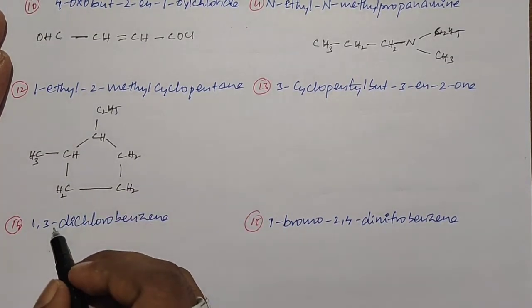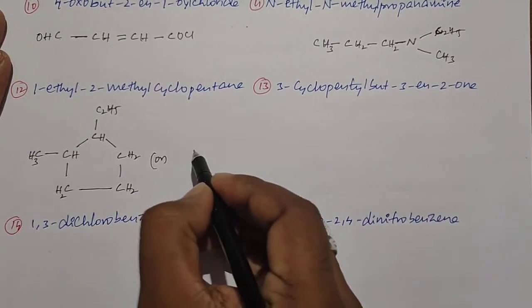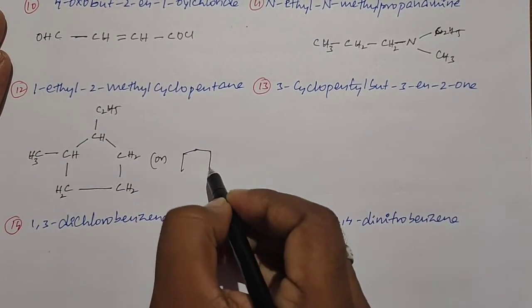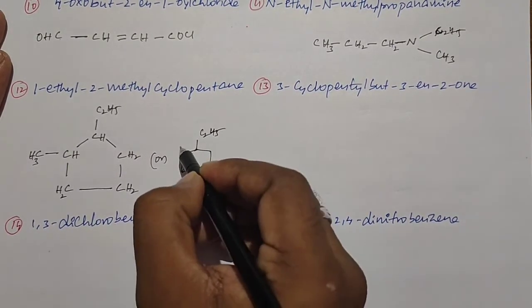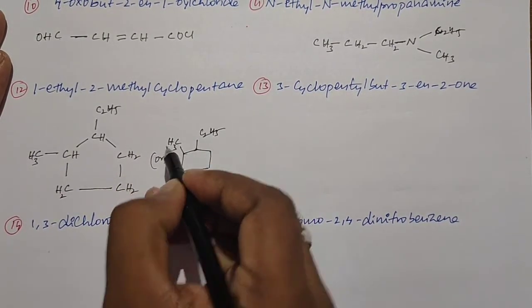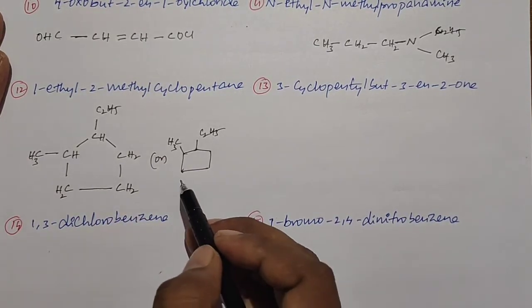So this is the structural formula of 1-ethyl 2-methyl cyclopentane. The same structure you can write like this, as a bond line structure. So you can write it in 2 ways.